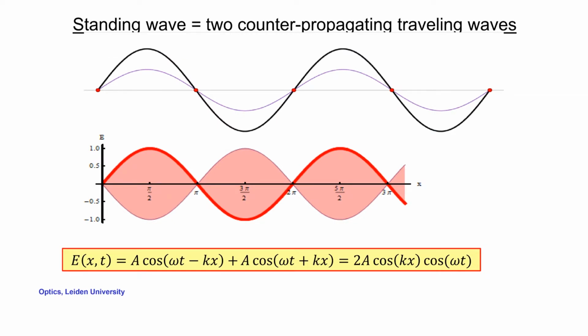If you want to derive the mathematics of this superposition, you basically have to add a wave that travels to the right with a second wave of equal amplitude that travels to the left. And if you do the math properly, you find that this is the outcome of the superposition. It is a wave that oscillates in time, but has a fixed spatial profile indicated here.